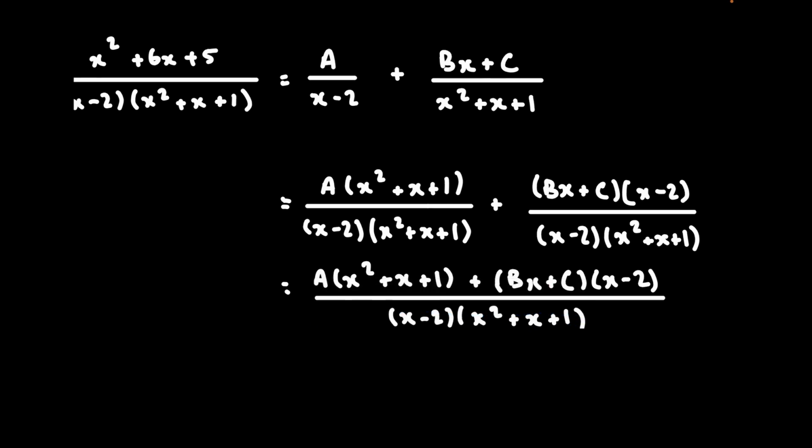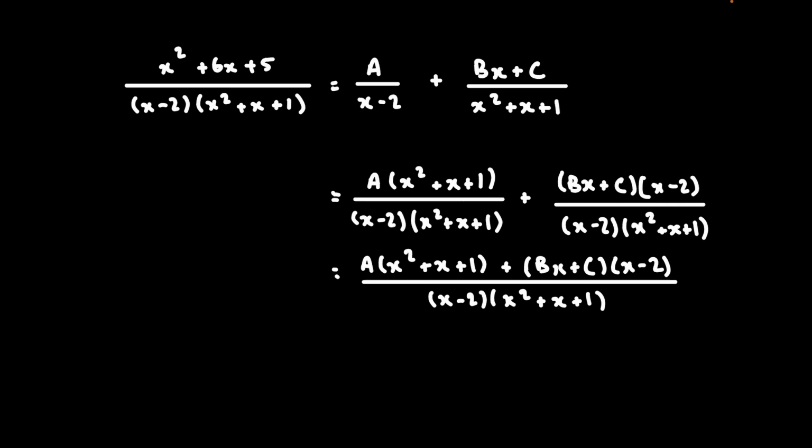Now, I can simply say that all of what I have here, it's a bit disgusting, but all of this is equal to x squared plus 6x plus 5, all divided by x take 2, x squared plus x plus 1.